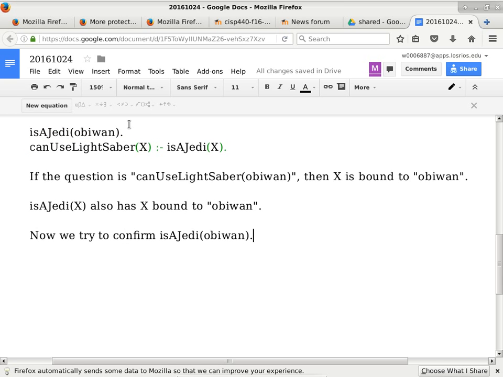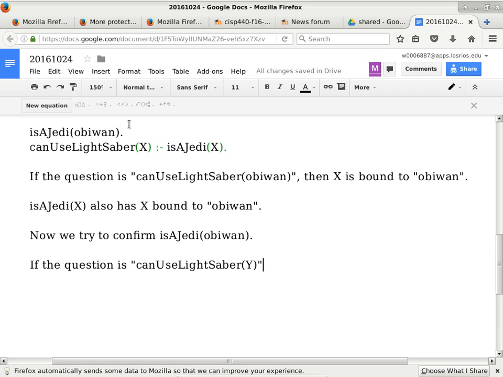You can also ask the question, can use lightsaber Y? Then you're asking the Prolog engine, tell me everybody who can use a lightsaber.